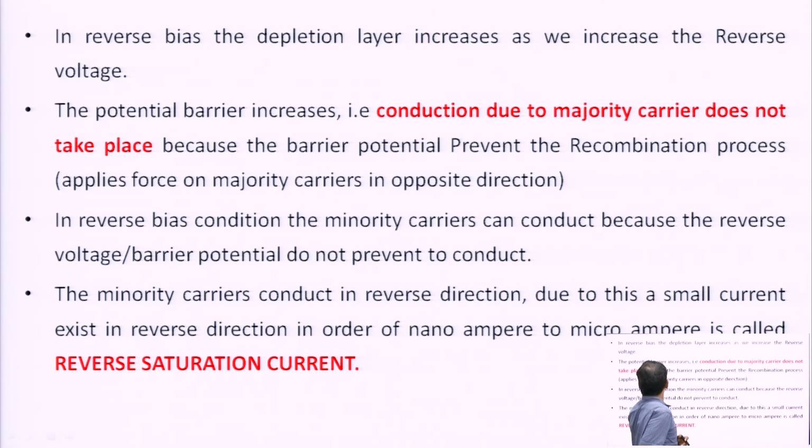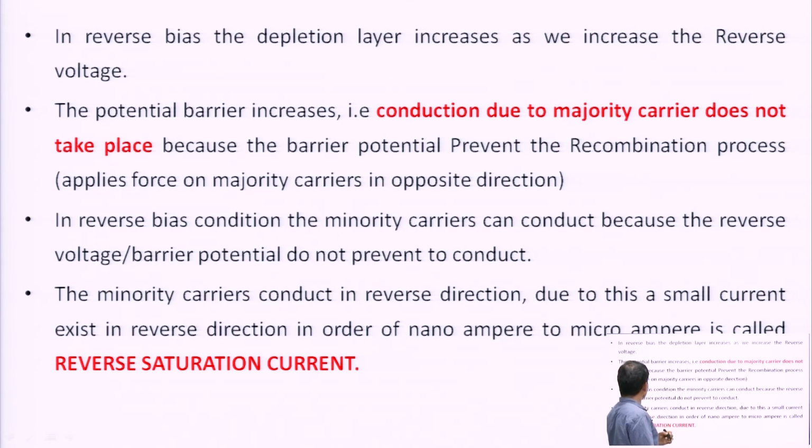Now, there are some definitions. In reverse bias, the depletion layer increases as we increase the reverse voltage, the potential barrier increases, and the conduction due to majority carriers does not take place because the barrier potential prevents the recombination process, applies force on majority carriers in the opposite direction. Opposite direction में force लगाता है majority carrier को, recombine होने नहीं देता.